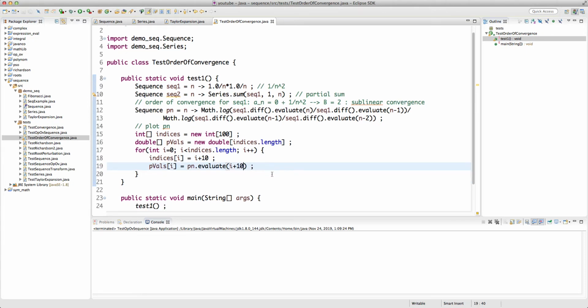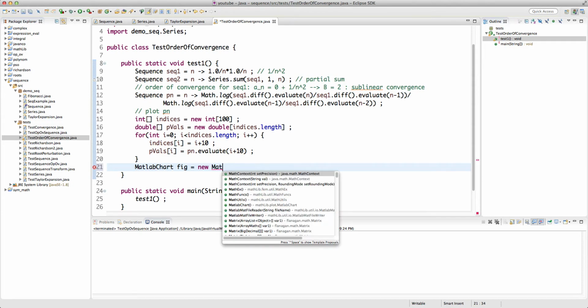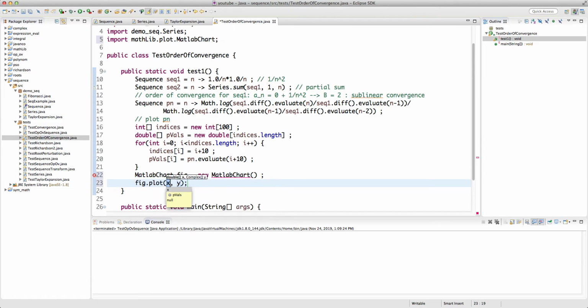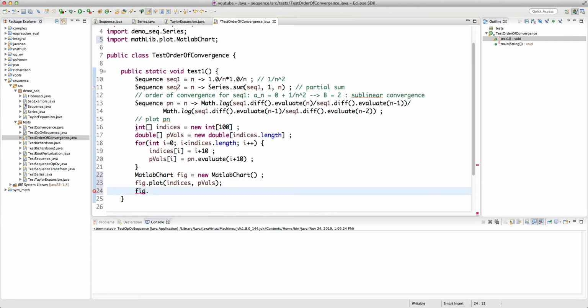Then a MATLAB chart: fig is new MATLAB chart, fig.plot indices and pVals, and actually this should be double.